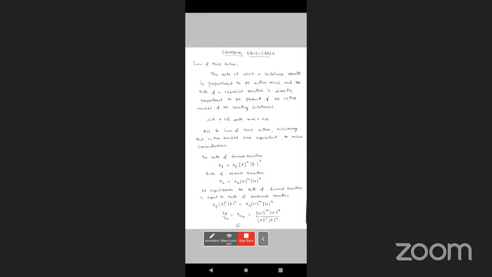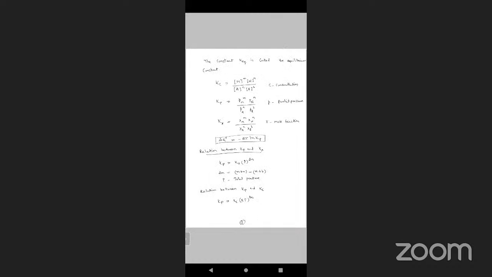So we can say the equilibrium constant is the product of concentrations of products divided by the product of concentrations of reactants, with their coefficients becoming the powers of those concentrations. Okay, is it clear? So this is the law of mass action, and the constant K equilibrium is called the equilibrium constant.